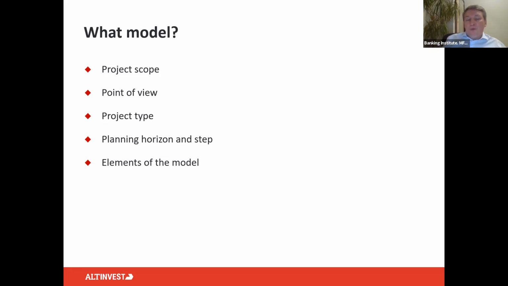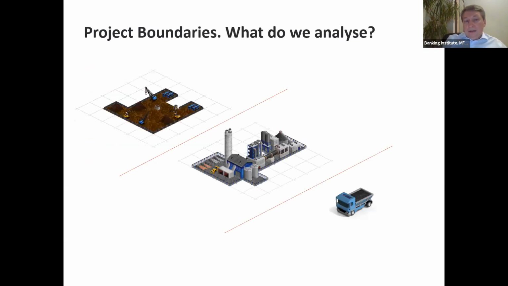I will show you what I'm talking about. The project scope and point of view for this project, the project type and how we'll model this project, planning horizon and step, and the elements of our model, those building blocks for the model.